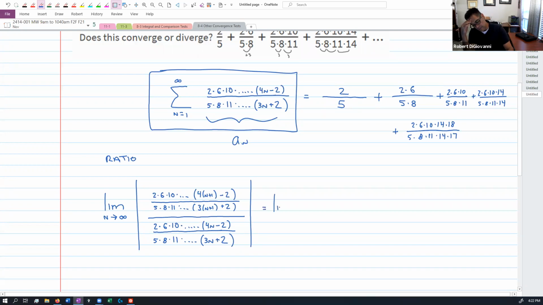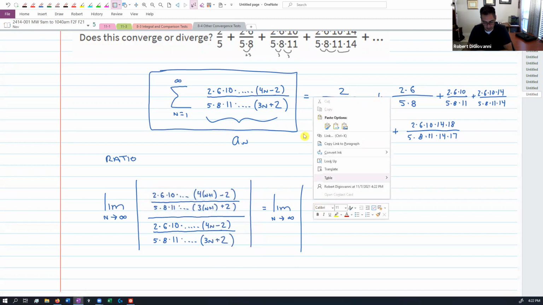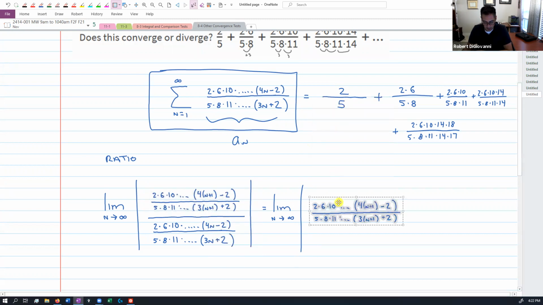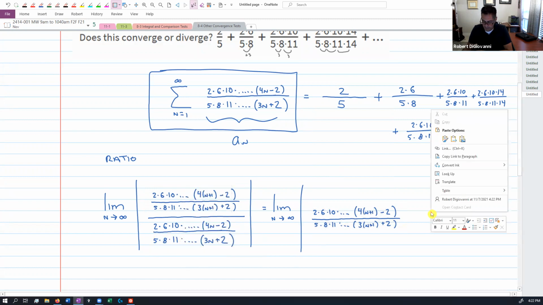So here's what I'm going to do. I'm going to rewrite it. All right, so this piece right here stays the same. Copy, paste. That's that. And then I'm going to take this bottom one and I'm going to flip it, put it on top. So that means this denominator goes up here.